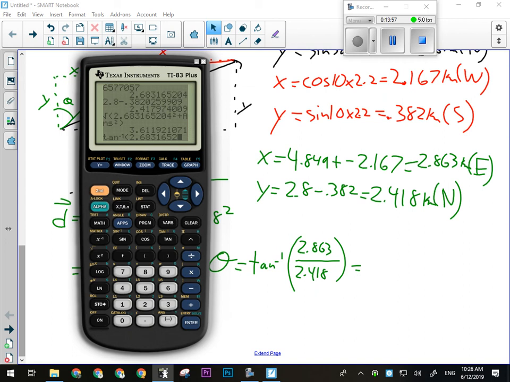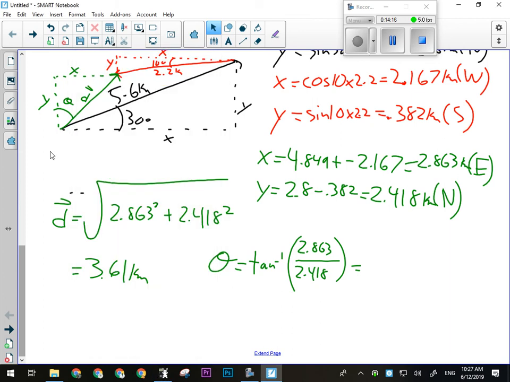Divided by 2.418. So I'm looking at 48.0 degrees, and for me, that angle is east of north.